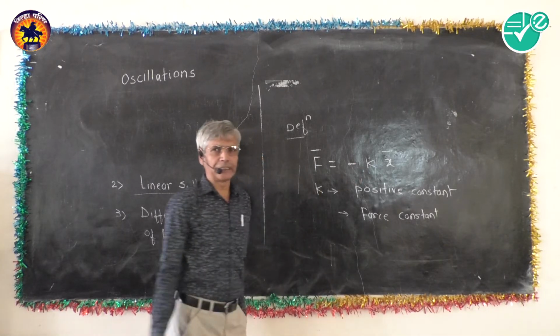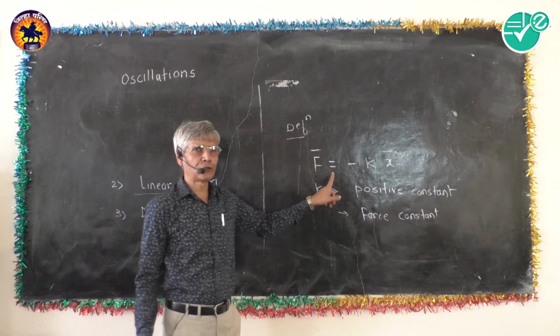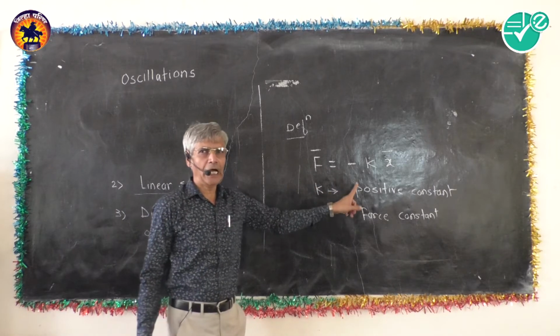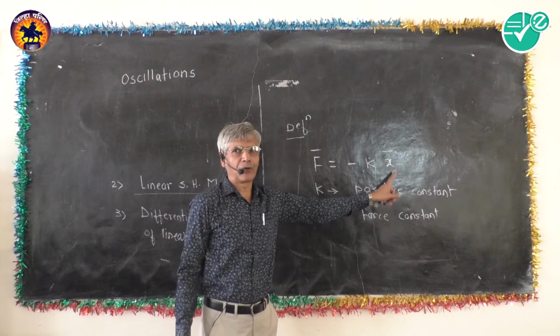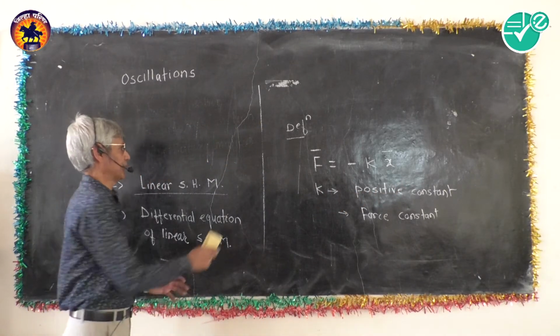The negative sign in this equation indicates that the direction of restoring force acting on the particle and its linear displacement from the mean position are always oppositely directed.